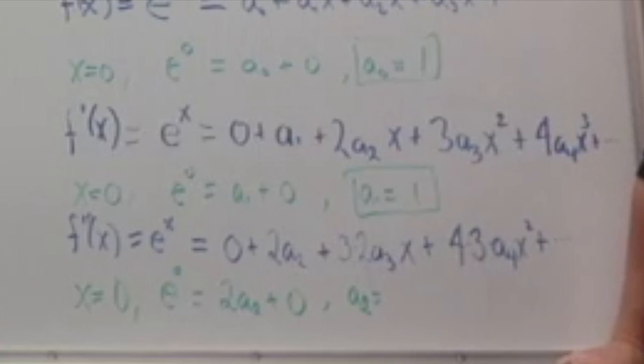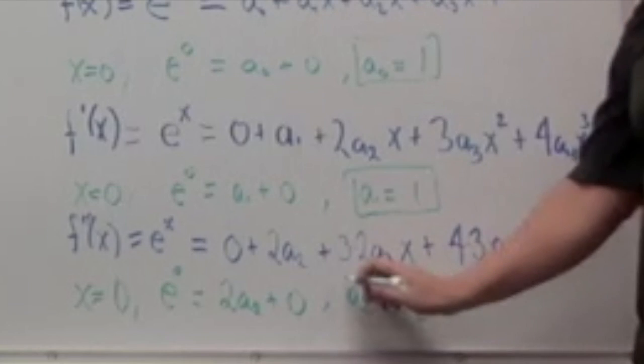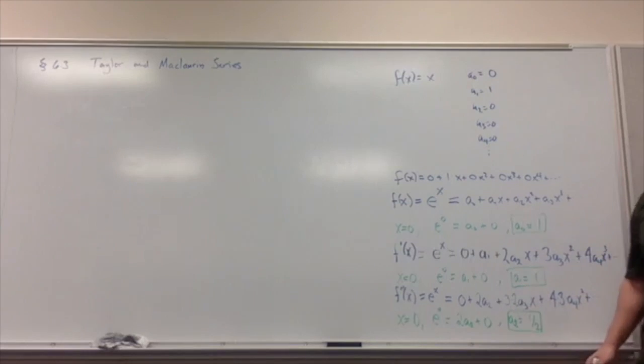So if it's 0, then 2a sub 2 equals 1. Mm-hmm. So a sub 2 is 1/2. Yep. That's why I said the plot thickens is something other than 1.